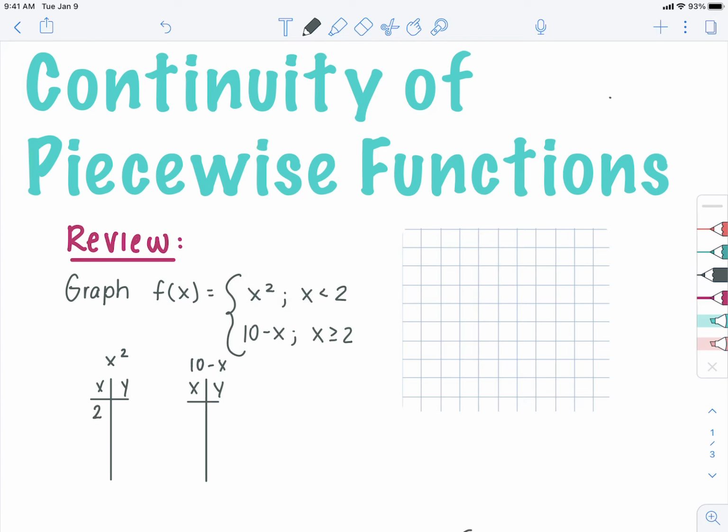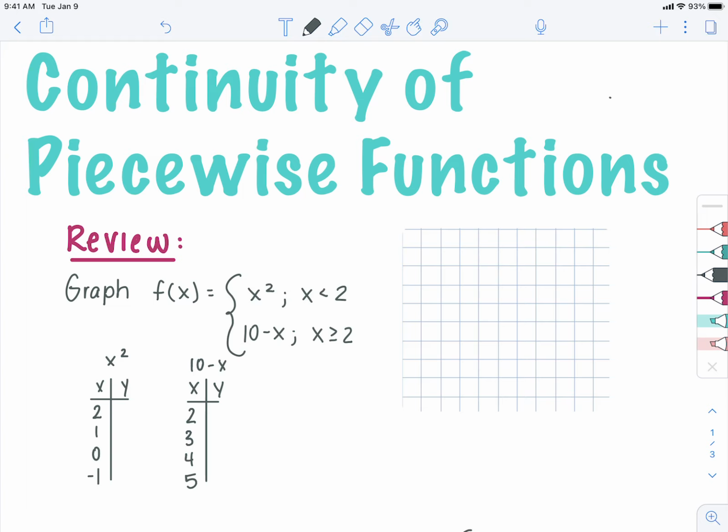They're both going to start at 2, since my bounds are x is less than 2 and x is greater than or equal to 2. Since x squared is numbers less than 2, I'm going to go 2, 1, 0, negative 1. 10 minus x is numbers greater than or equal to 2. So I'm going to go 2, 3, 4, and 5.